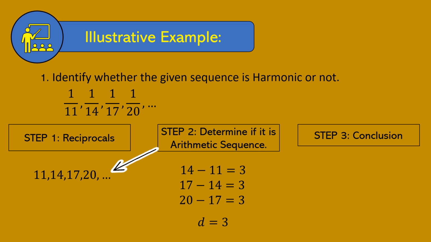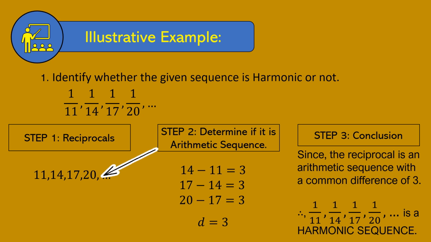So, step 3 is your conclusion. Since the reciprocal is an arithmetic sequence with a common difference of 3, therefore, you can say that the given sequence 1 over 11, 1 over 14, 1 over 17, and 1 over 20 is a harmonic sequence.